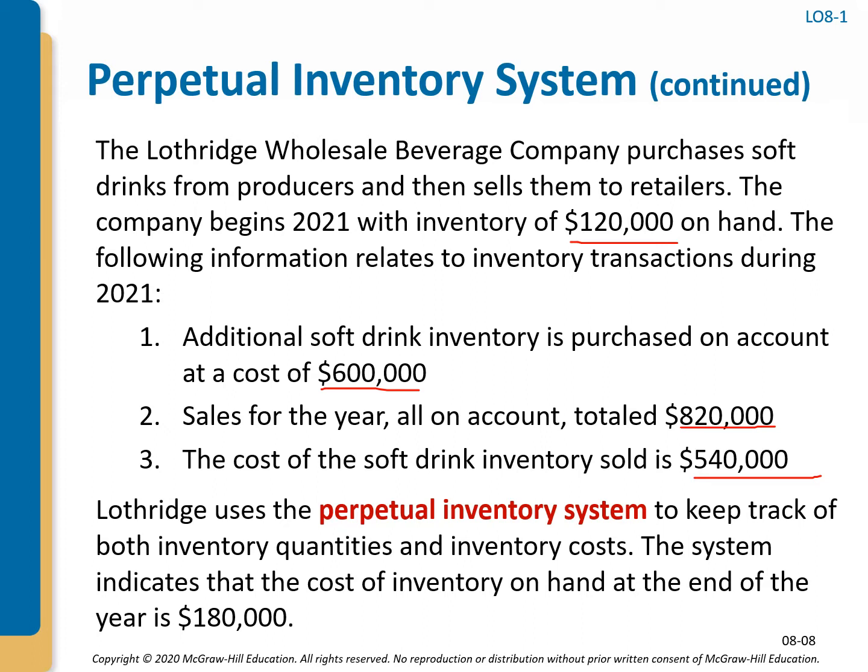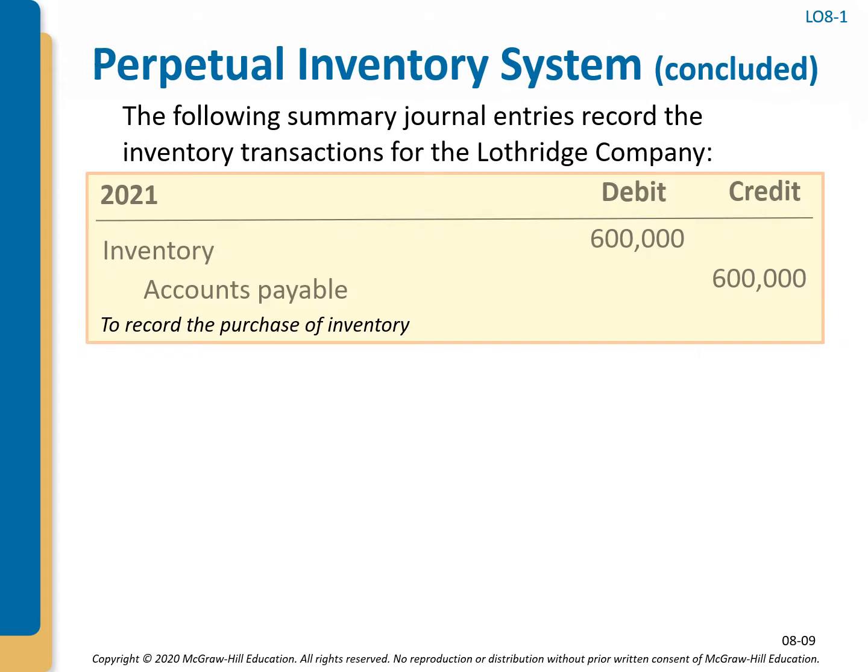That takes the balance in the account up to 720,000. After that, the company sold items with a cost of goods sold of 540,000, and the balance in the inventory account then is 180,000. I don't know if that makes sense to you, but let's see if we can expand on it a little bit in the next slide.